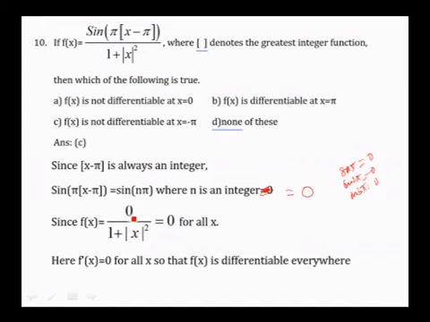If you substitute, sin π times the integral part of x minus π is always 0 for all x. So f(x) is equal to 0 over 1 plus |x|², which is 0 for all x.